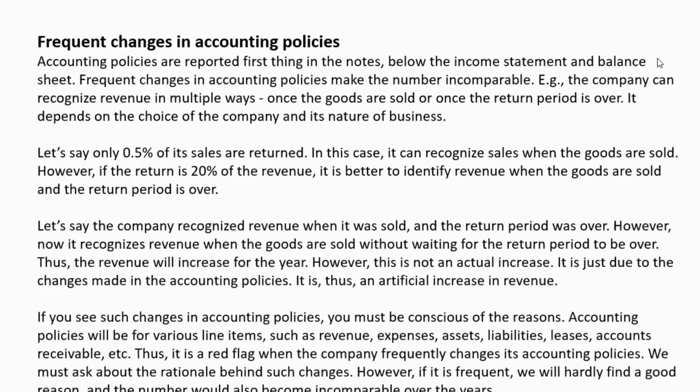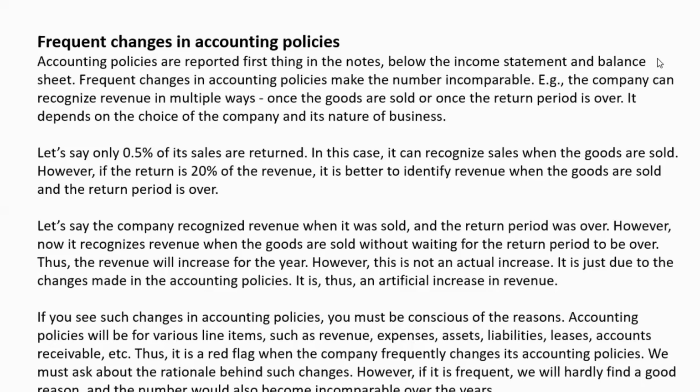Frequent changes in accounting policies. Now a company can use different policies to report their financial parameters. Now, if a company is changing frequently, then it is generally not considered a good sign, because it could be covering something up, or underreporting or misreporting, or portraying a better or worse state than the actual one.